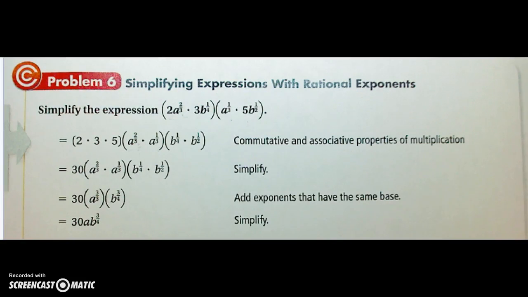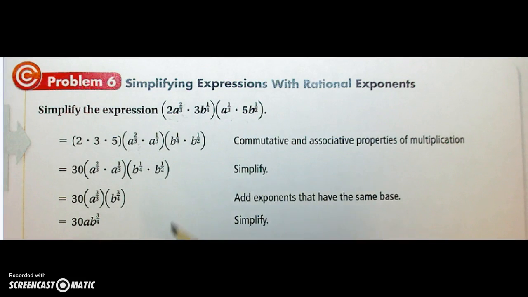Problem 6, simplifying expressions with rational exponents. Simplify the expression 2 a to the power of 2/3 times 3 b to the power of 1/4. This is multiplication. And then we have a to the power of 1/3 times 5 b to the power of 1/2.